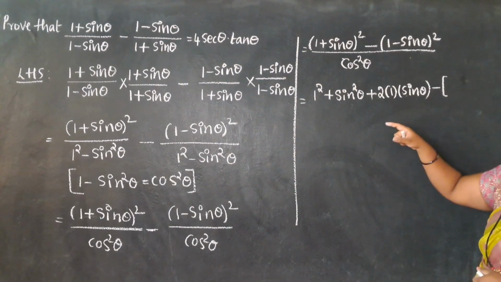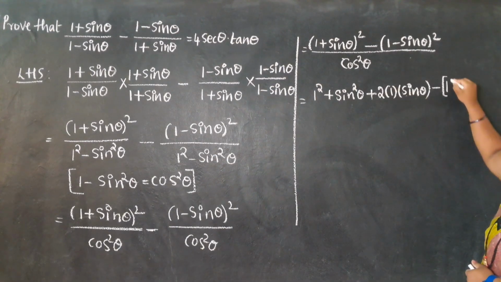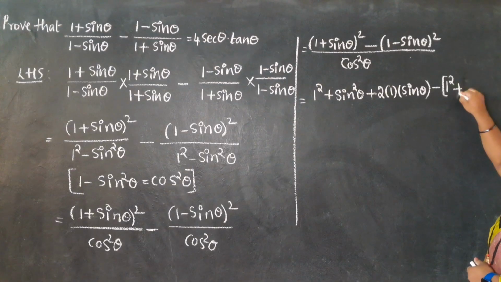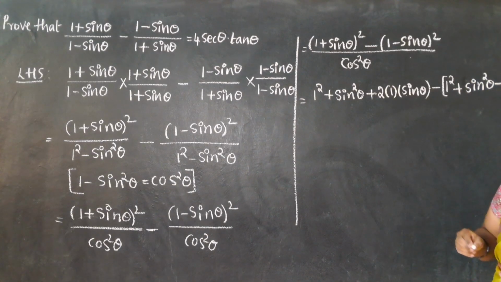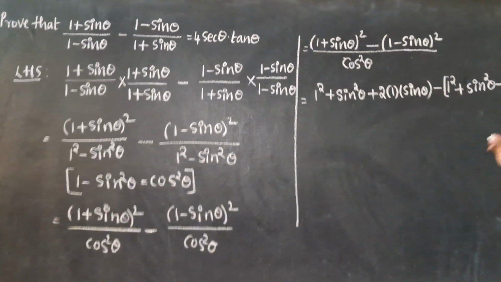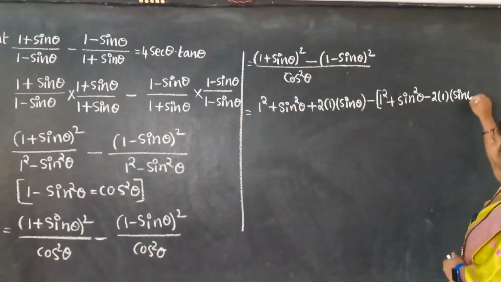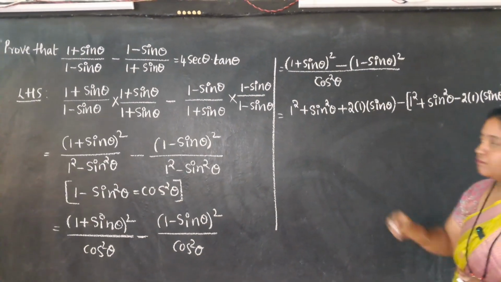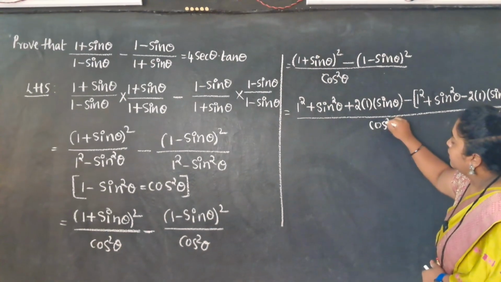Again, I need to use an identity: a square plus b square minus 2ab. So 1 square plus sine square theta minus 2 into a into b, that is 2 into 1 into sine theta, isn't it? Whole divided by cos square theta.